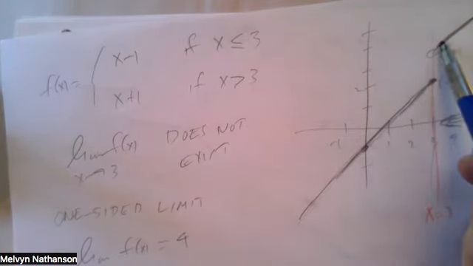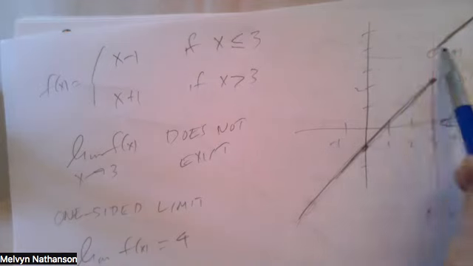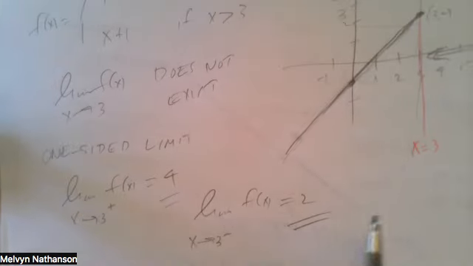You're getting closer and closer to 4 as you approach 3 from the right. But as you approach 3 from the left, you're approaching the number 2. So this function has one-sided limits, but it doesn't have a two-sided limit or an ordinary limit.